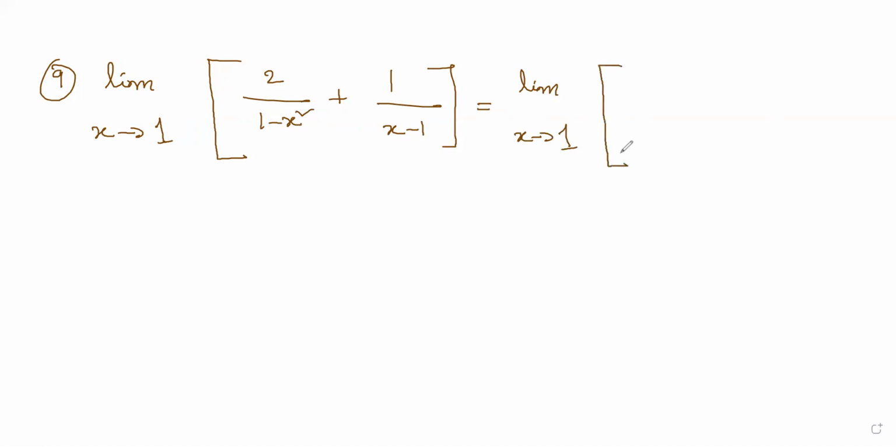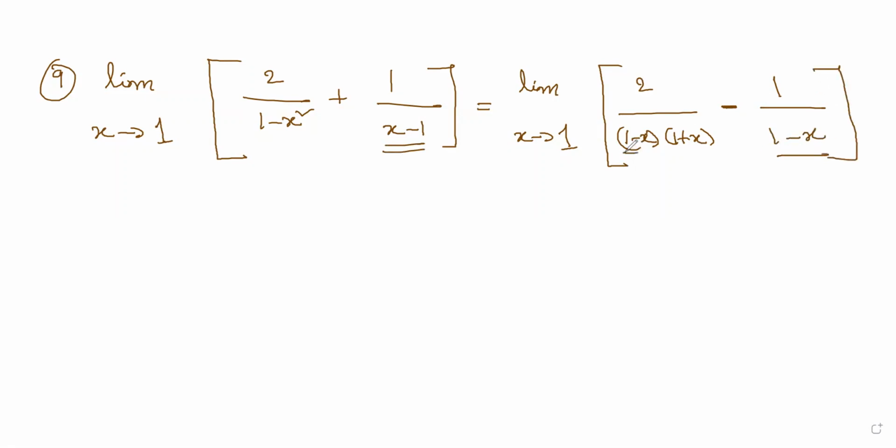Here we'll write 2 by 1 minus x into 1 plus x. I will put a minus sign here. Instead of x minus 1, I will write it as 1 minus x, because I have taken the negative sign from here. Why?